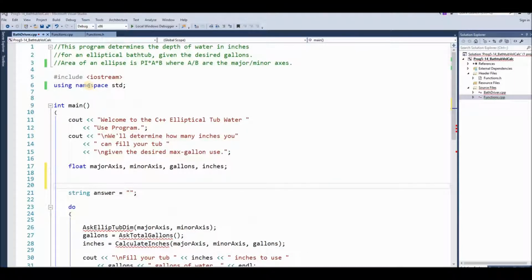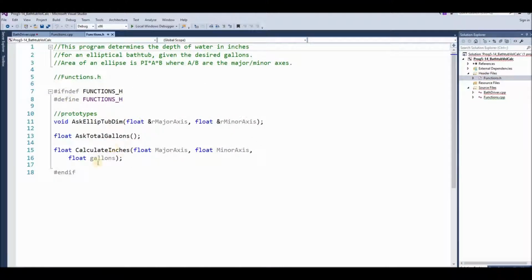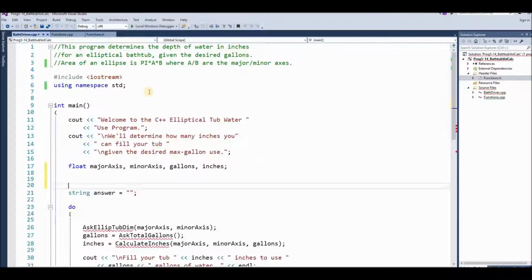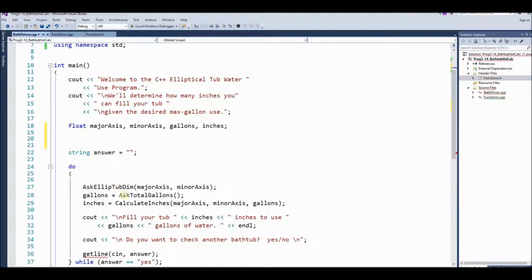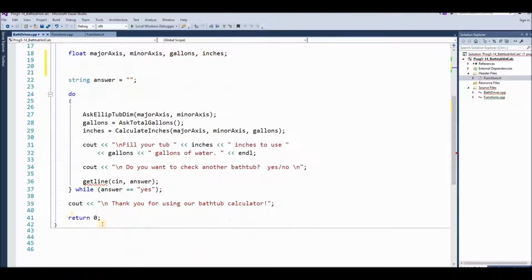Why are they undefined? Well, see, they're defined in functions.h, but it looks like I've forgotten to put a pound include for functions.h in my driver. And indeed, that took care of those squigglies. That's an easy one to take care of.